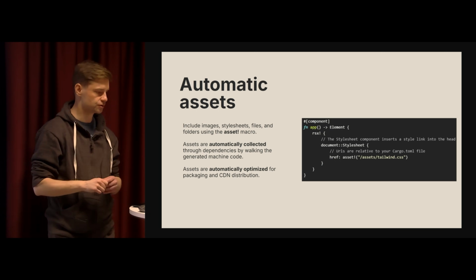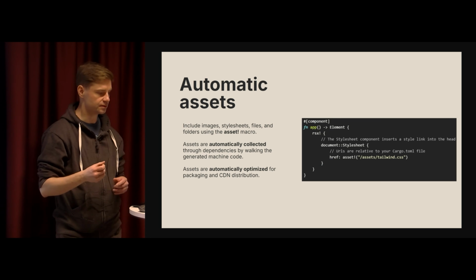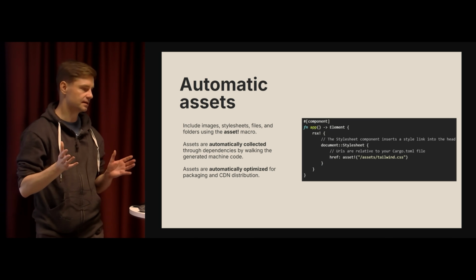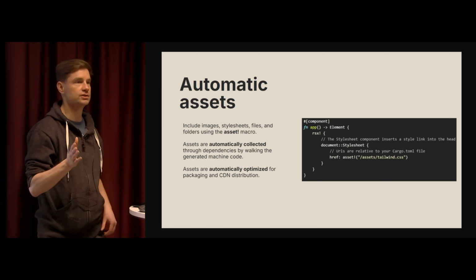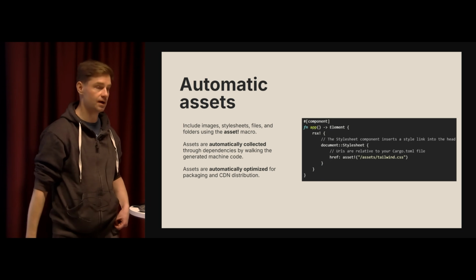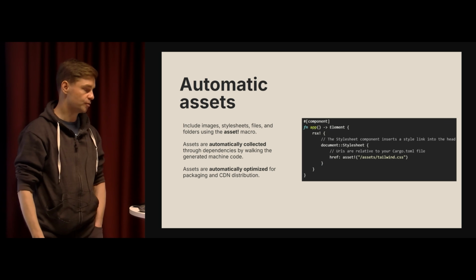But in Dioxus, it's done differently. There is this asset macro where you basically define that, hey, I want to use this asset, and you just use the file name as it is in your project folder.